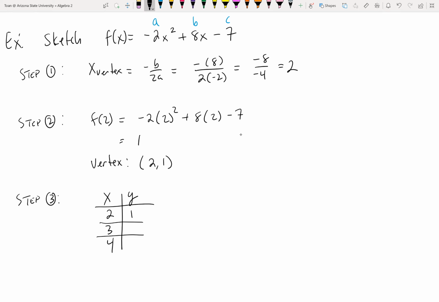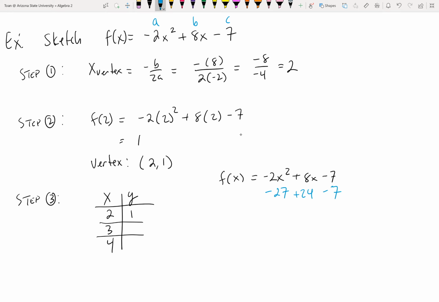So I'm going to sort of fast forward through the work, but I hope everyone understands that all I'm going to do is take these x values that I picked and plug them into the x's here. If I plug in x equals 3, what do I get? I get negative 2 times 9, negative 18, plus 24 minus 7.